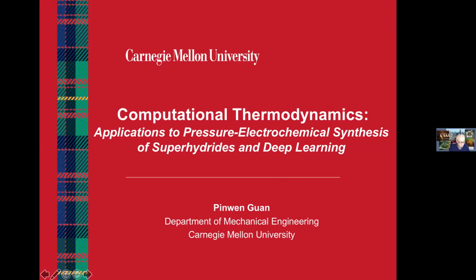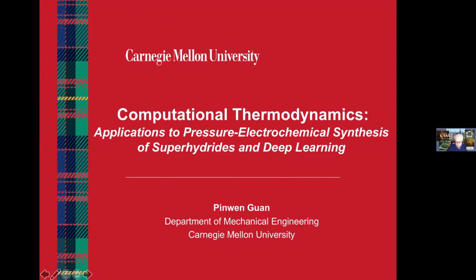Pinwin is a computational material scientist who's worked on a variety of problems, focusing principally on computational thermodynamics. He received his bachelor's degree from Tsinghua University and then a PhD from Penn State in 2018, where he did first principles calculations related to photovoltaics.